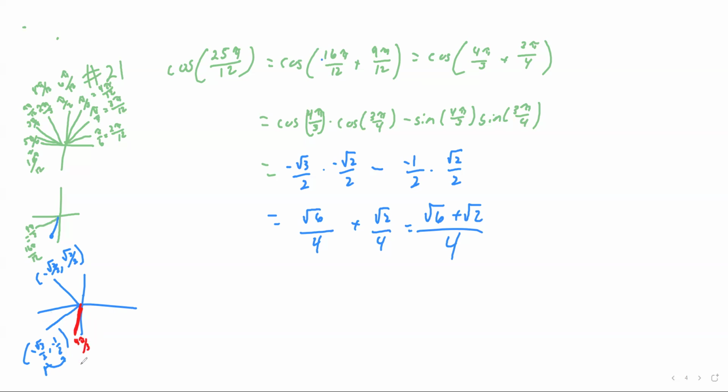Yep. Okay, so then this would have been negative 1/2, negative square root 3 over 2. So at this one here, this should have been a negative 1/2, which would have still given you a positive square root of 2 over 4.